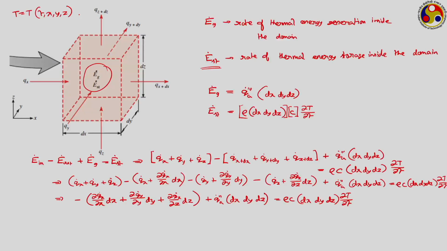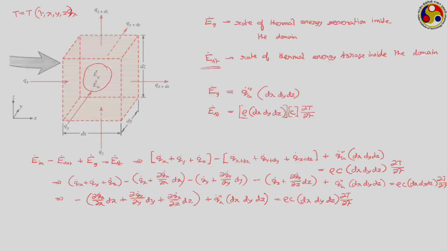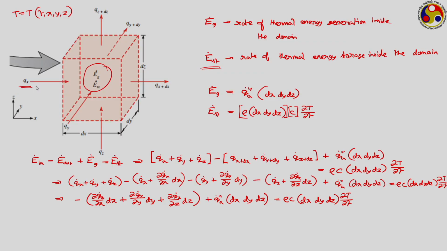Now, look at the three heat fluxes that are given to us. The three heat fluxes that we have now, we have q dot x, or I should say dou q dot x dou x we have, but what is q dot x? Just look at this diagram again. This is our q dot x, which is energy entering this block through this particular face via conduction only.